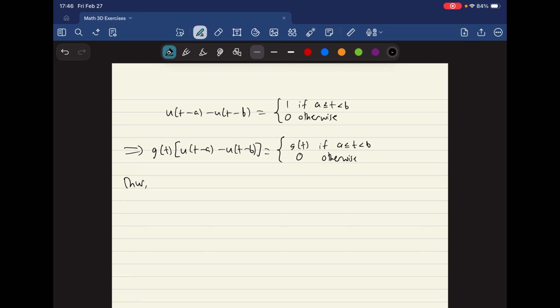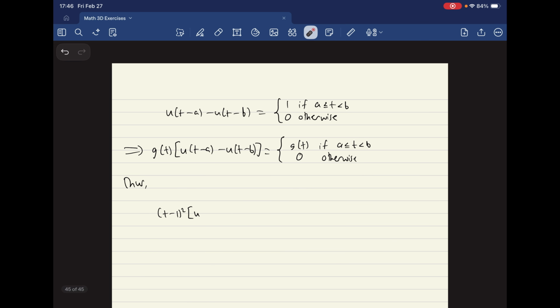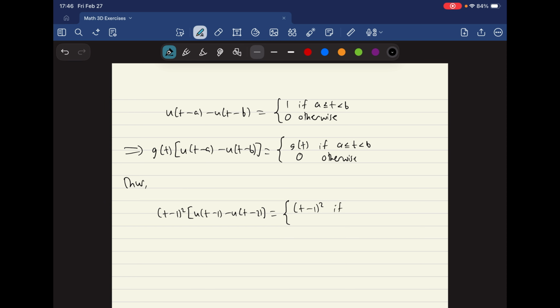What I'm going to do is take that piece, t minus 1 squared, and multiply it by the corresponding function of this form that encodes my interval. So over here in the problem, it was the interval from 1 to 2. So I'm going to do u of t minus 1 minus u of t minus 2. And so from our calculation just now, this is going to be t minus 1 squared if 1 is less than or equal to t less than 2, and it's going to be 0 otherwise.